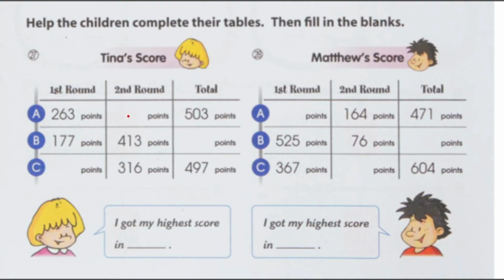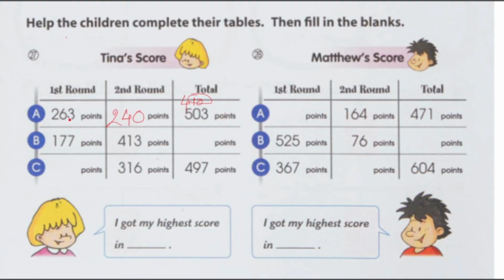So to find this number, we have to subtract 263 from 503. 3 minus 3 is equal to 0. And we can't subtract 6 from 0, therefore we have to borrow one. So it will become 10 and 5 will reduce to 4. So 10 minus 6 is equal to 4 and 4 minus 2 is equal to 2. So the result is 240.